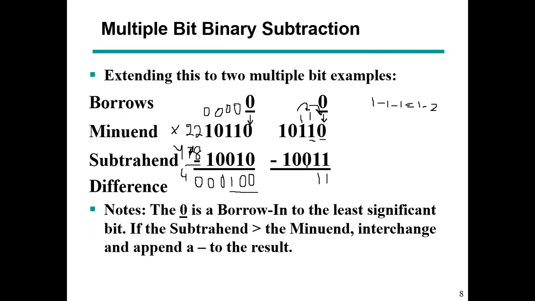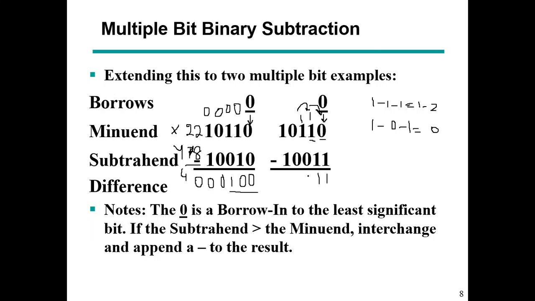Okay. So next, we want to subtract 0 from 1. We want to calculate 1 minus 0. We can do that, no problem with that. There has been a previous borrow, that can also be taken care of. So from 1, we are going to subtract 0 and the previous borrow. So this is going to be 1 minus 0 minus 1, which is 0.